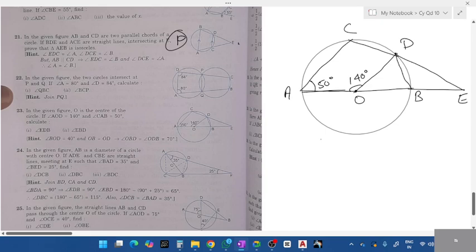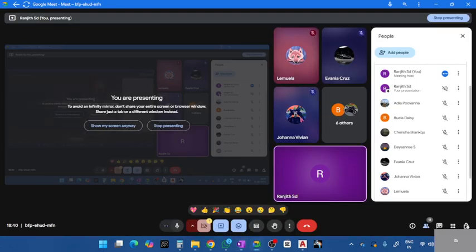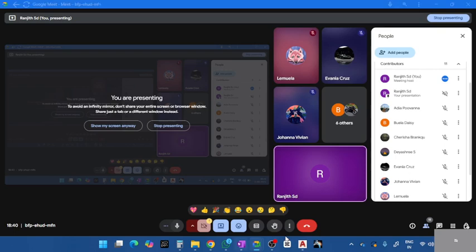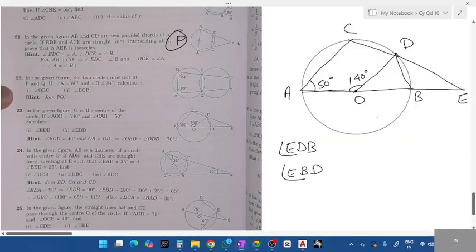So, how many points are touching the circumference, students? How many points are touching the circumference? 4. Right? So, what kind of quadrilateral is ABCD? ABCD is a cyclic quadrilateral.